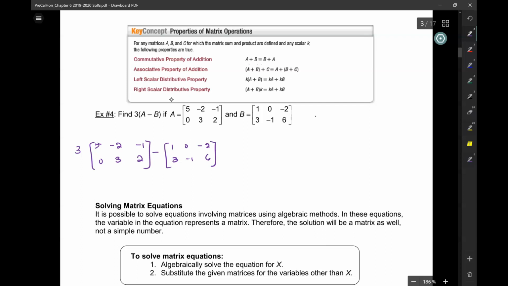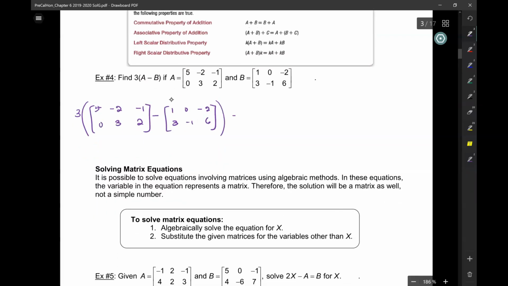And now look at what I'm going to do. It's going to be 3 times the whole thing here. Okay? And you can do that. You could do brackets and then parentheses. We alternate brackets, parentheses, brackets, parentheses. And so now this is 3 times, and what's the difference of these matrices? 4. I'm going to go across -2, 1, -3, 4 minus 4.